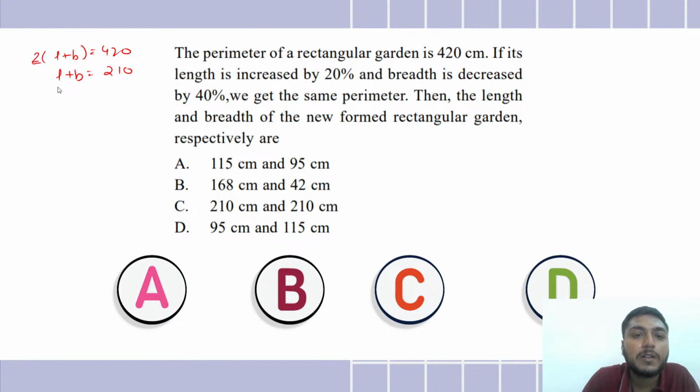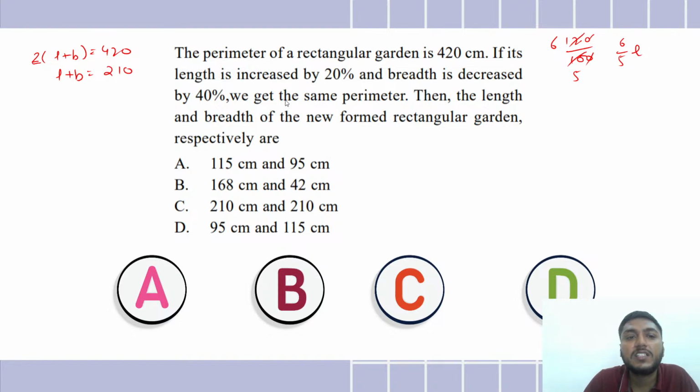L is 100% of itself. After increasing, it would become 120%. So this is 120% of L. Let's convert 120 by 100 into a fraction. We will get 6 by 5, right? So the new length would be 6 by 5L.